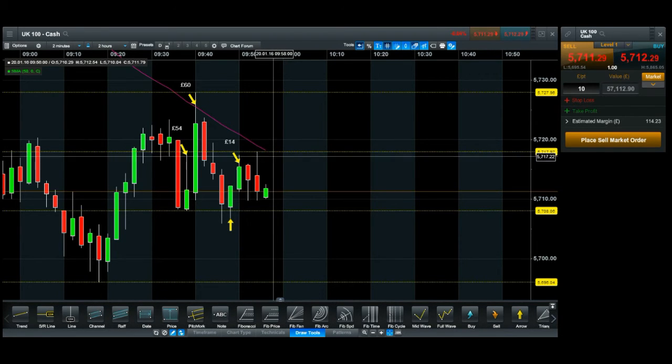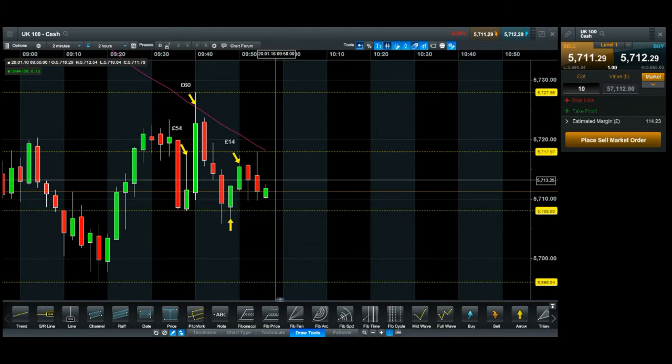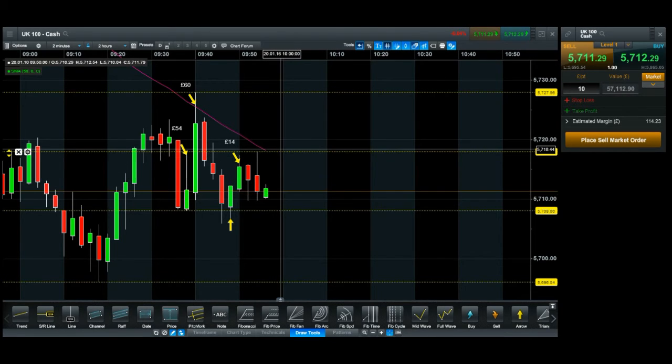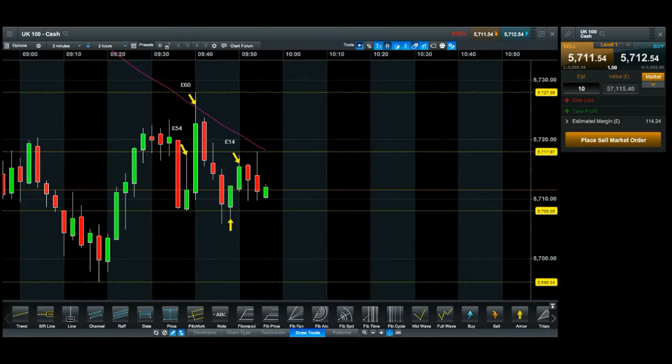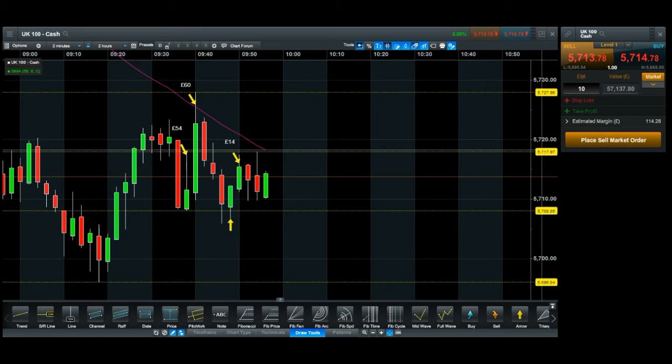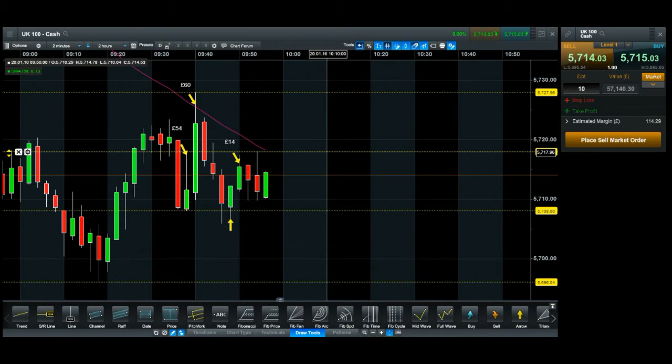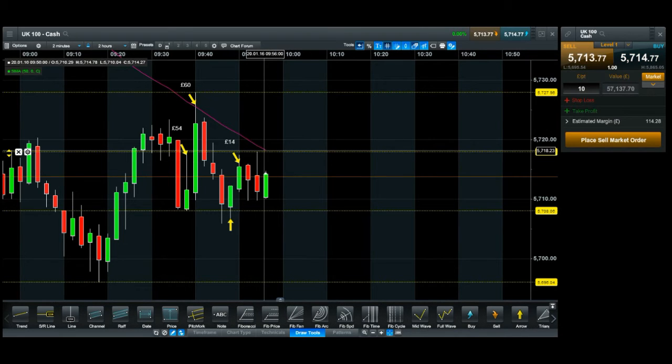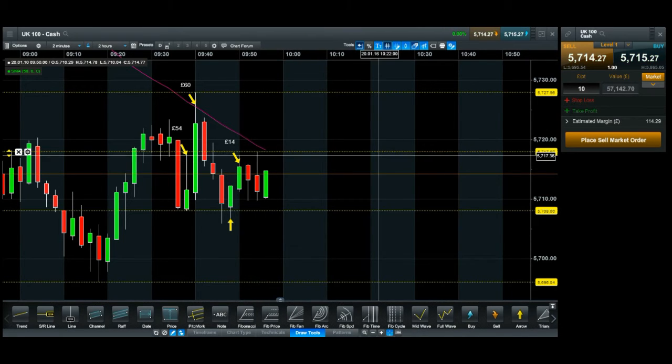So if the index climbs back up to this area, it will be a good area to make a sell. Okay, getting ready. Once it touches the support and resistance here, that's where I'm going to make a sell. Hopefully the simple moving average will also be in touch then.